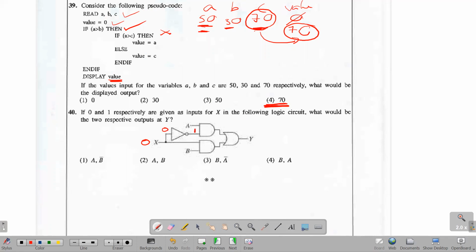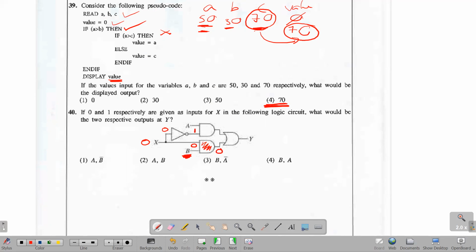And we don't know what's going to be there on the A. And if X is 0, this is going to be a 0. And in here, it doesn't matter what we give for the B, the answer is going to be 0 definitely. Since it is an AND gate, if one input is a 0, the output is going to be a 0.